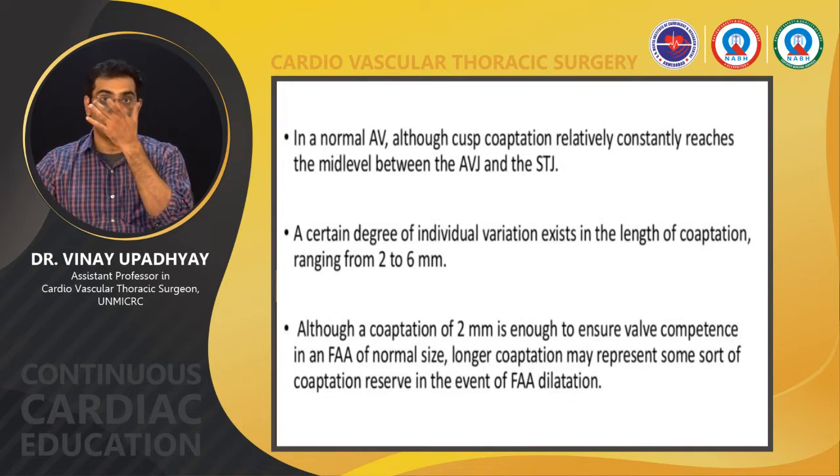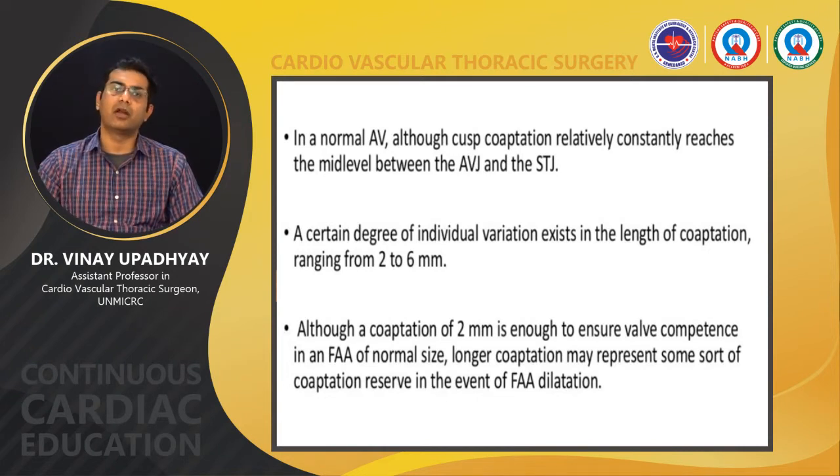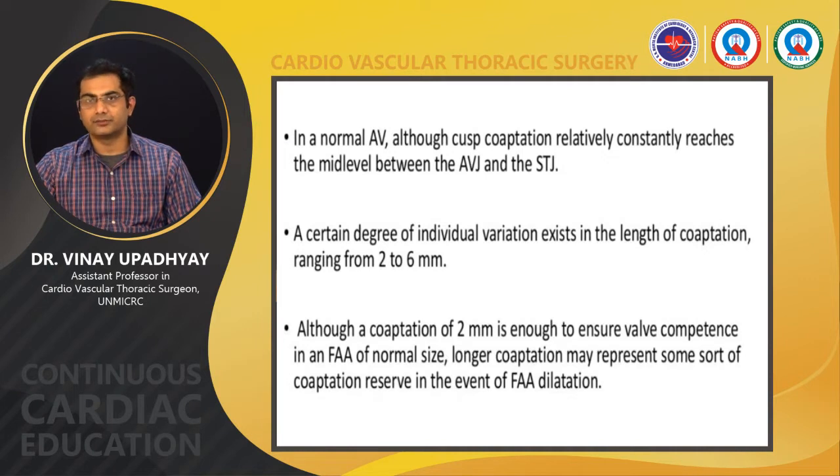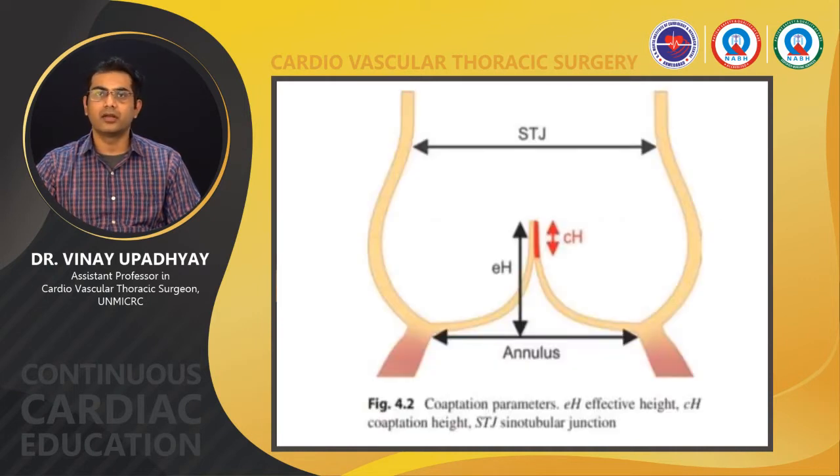Although coaptation of 2 mm is enough to ensure valve competency in a functional aortic annulus of normal size, longer coaptation may be present in some patients. This figure shows various parameters like effective height of leaflets, coaptation height of leaflets, and the relation of annulus and sinotubular junction.